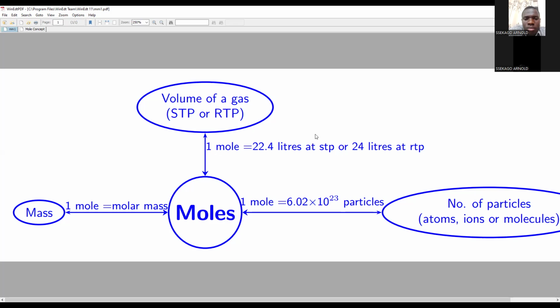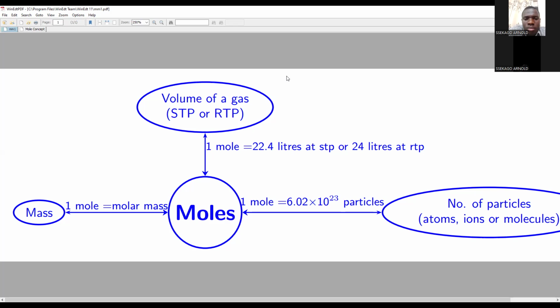Now, 22.4 liters is the same as 22,400 centimeters cubed, or 22.4 decimeters cubed. I think you recall that. That is at STP. Then at RTP, this is the same as 24,000 centimeters cubed, or 24 decimeters cubed. Therefore, from moles to volume, this is the relation which we use as far as the mind map is concerned.